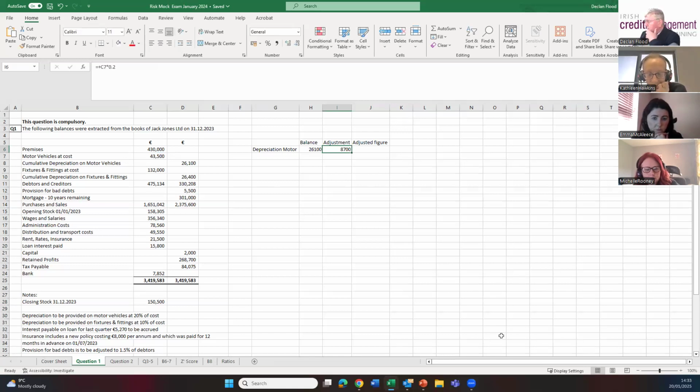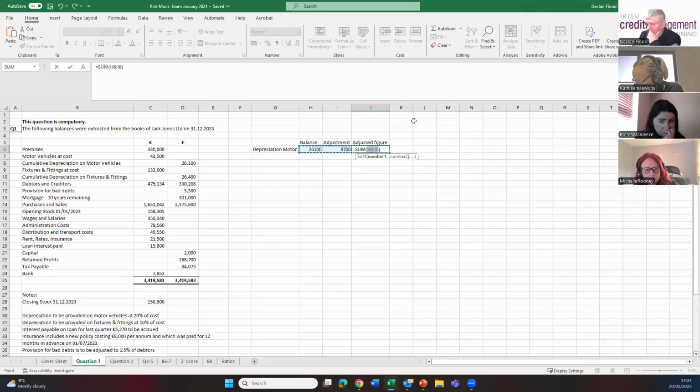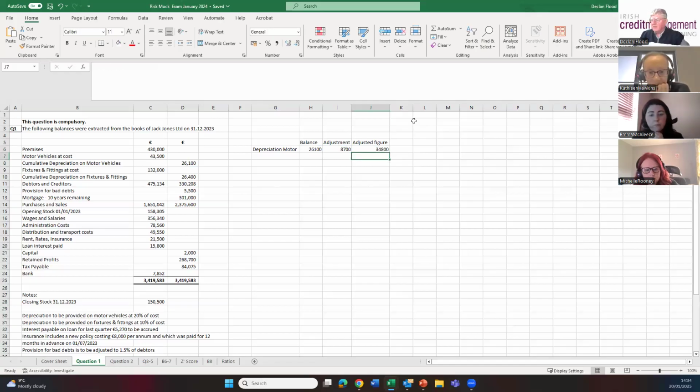You can just put in the formulas rather than numbers. So that was your depreciation in your P&L account. That is the instruction that you were given, depreciation at 20% of cost. So I had a figure of 26,100 and now my new depreciation figure is 34,800. So that's what I have to do with line one.